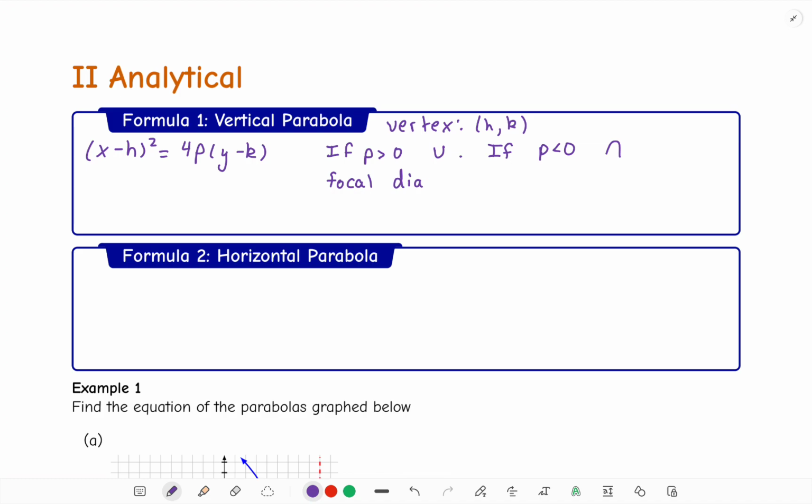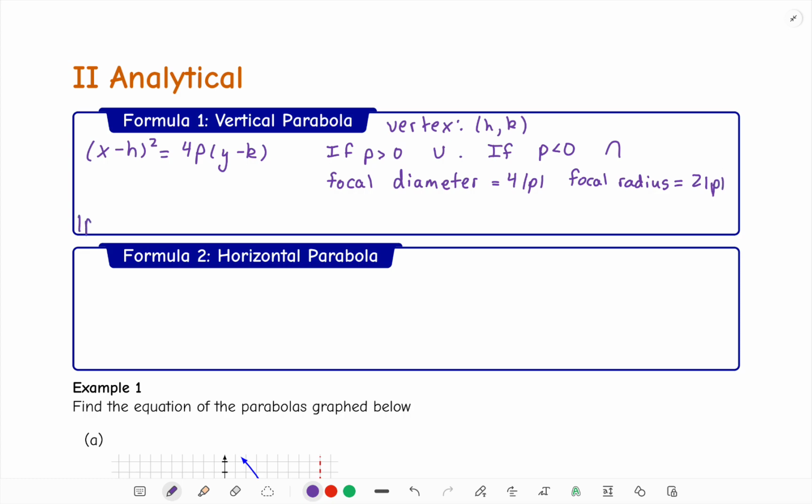The focal diameter is 4 times the absolute value of p. Now, the reason why I'm adding absolute value is in case p is negative, and a diameter is a distance. And then the focal radius is just 2 times the absolute value of p.